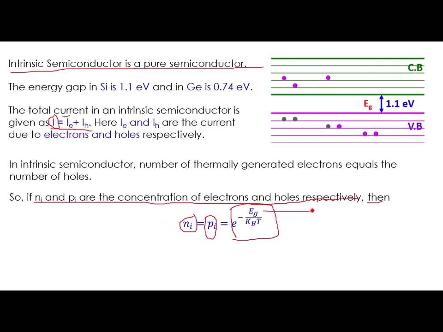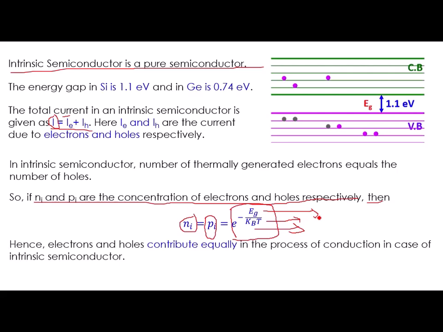Eg is the band gap energy, whose value is 1.1 electron volt in case of silicon and 0.7 electron volt in case of germanium. kB is called the Boltzmann constant, and T is the temperature at which you are finding the concentration.